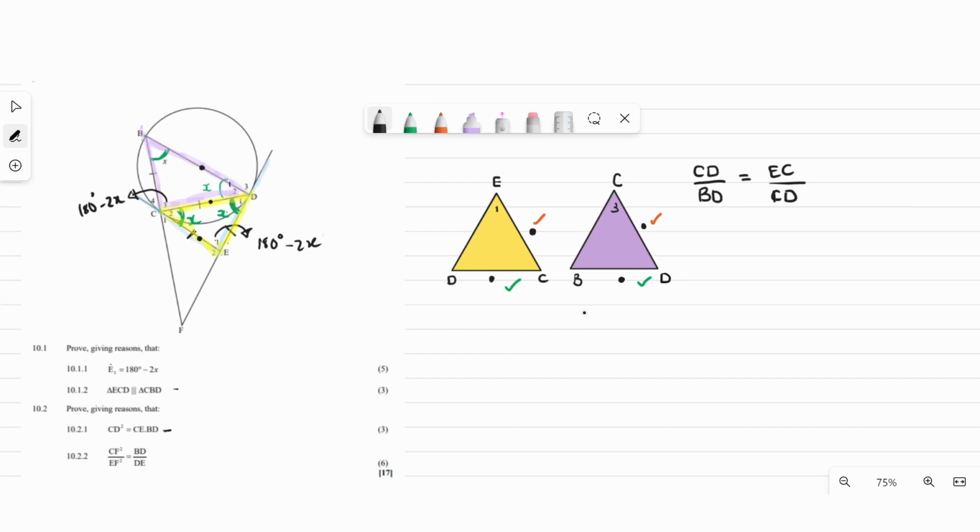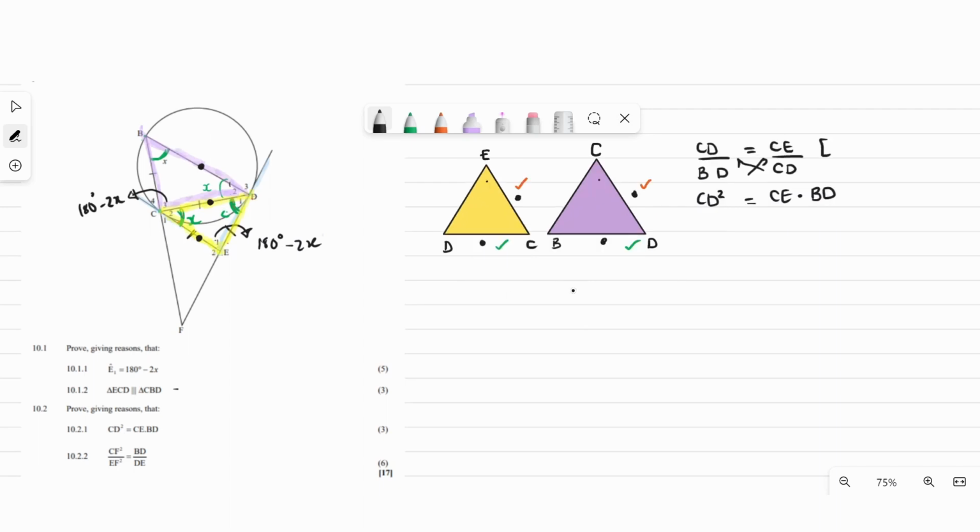You see that? Then we can cross multiply. When you cross multiply, you're going to have CD squared, because it's the same thing, equal to CE, which is the same as EC, multiplied by BD. So then you have found your answer for question 10.2.1. So this is how you find it. Your reason here is going to be that triangle ECD is similar to triangle CBD. Then you're done with this question.